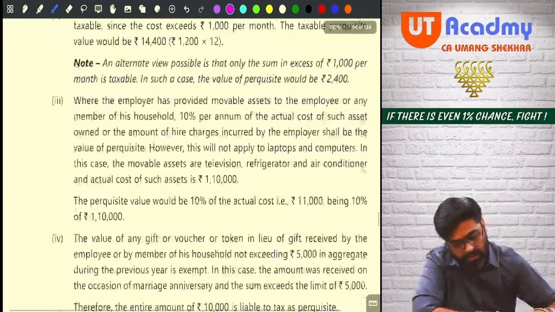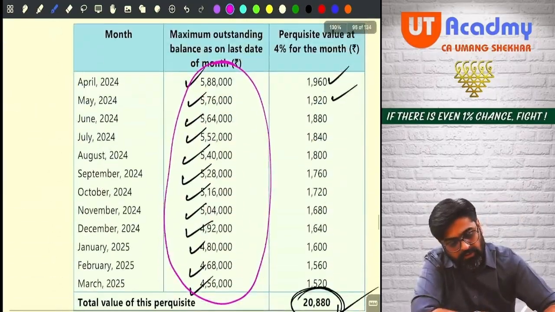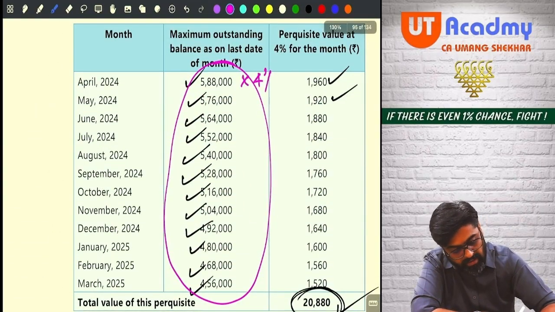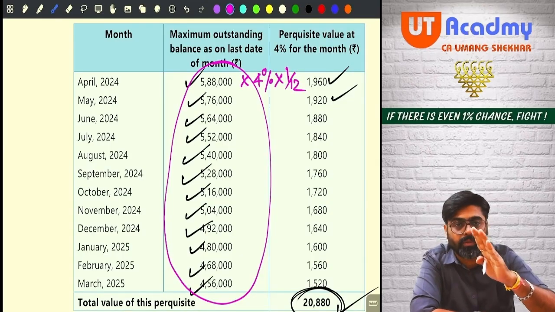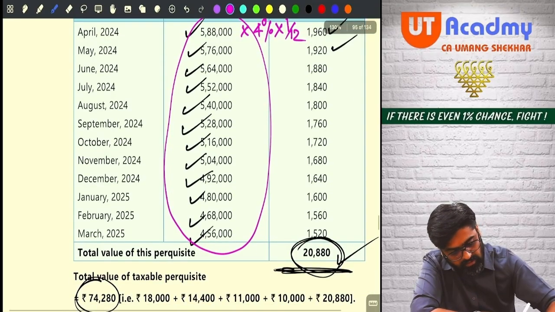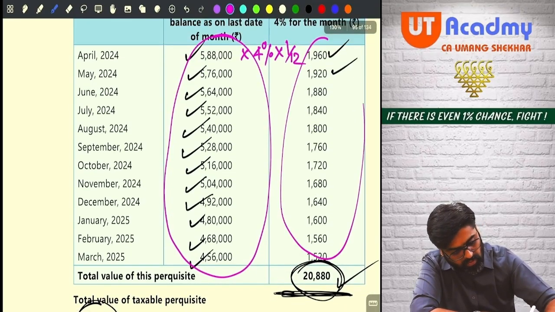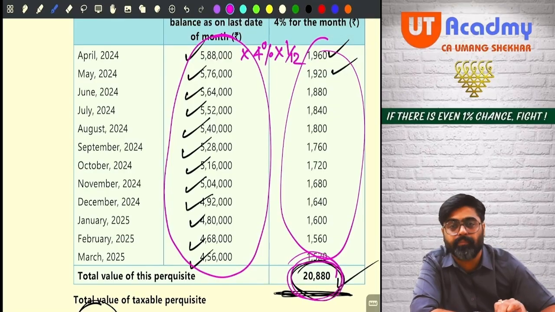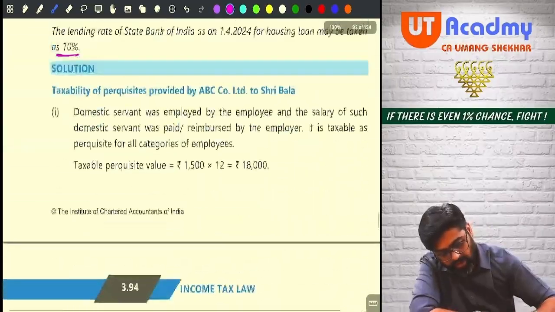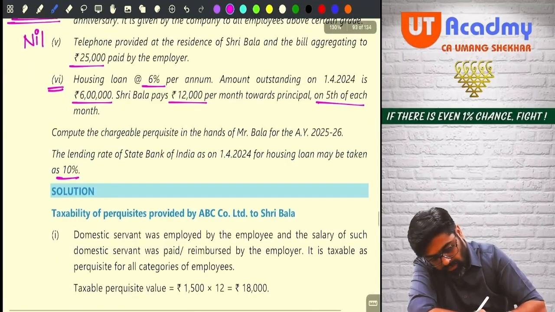So for every month 4% into 1 by 12. Yes or no? Into 4% into 1 by 12. You will get all these benefits every month. So now if you total, you will get 20,880. Getting my point? So can I say here the taxable value of this perquisite will be 20,880?